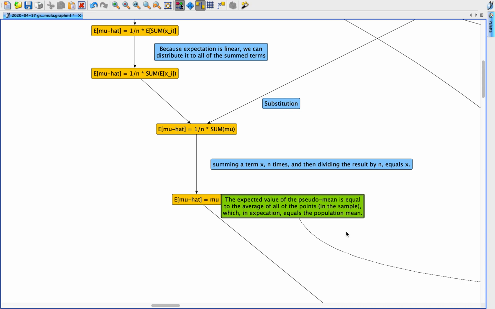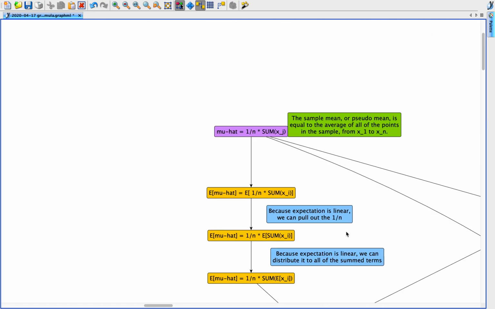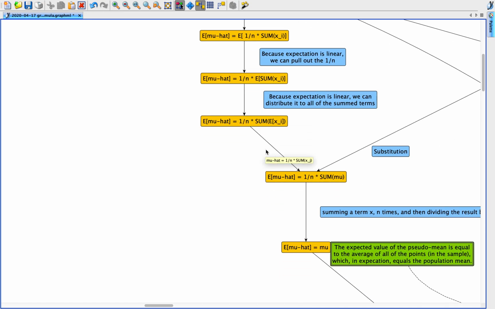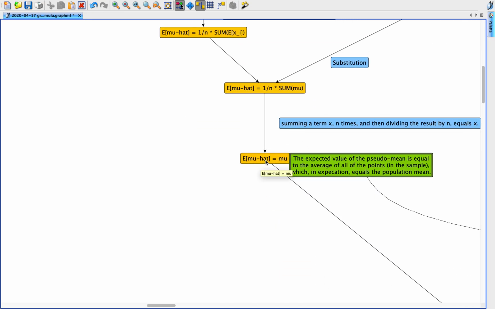The expected value of the pseudo-mean is equal to the average of all of the points in the sample, which in expectation equals the population mean. So great, that means mu hat is an unbiased estimator. In expectation, the value of mu hat equals mu.